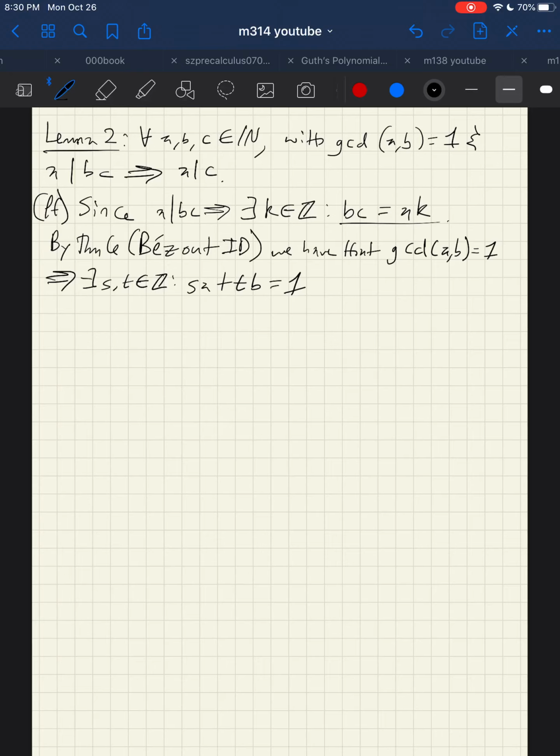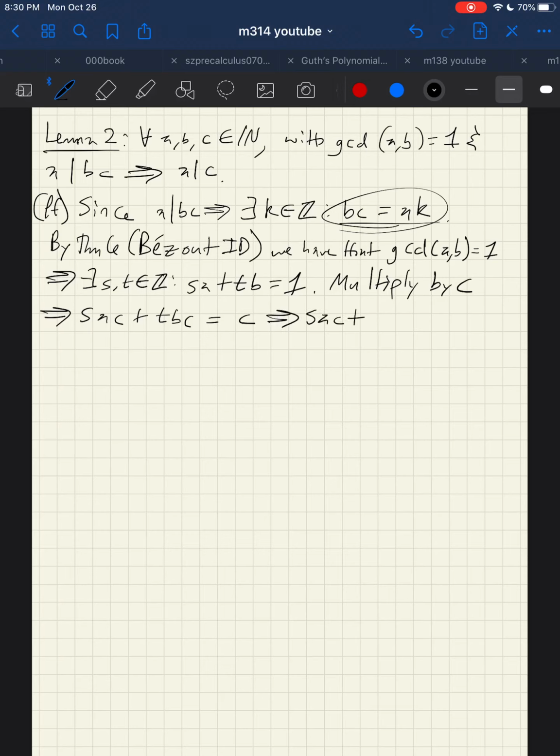Now, I'm going to multiply both sides of this equation by c, and I get sac plus tbc equals c. But I know something about bc. It equals ak. This tells me that sac plus tak equals c.